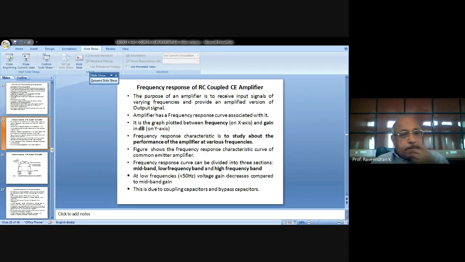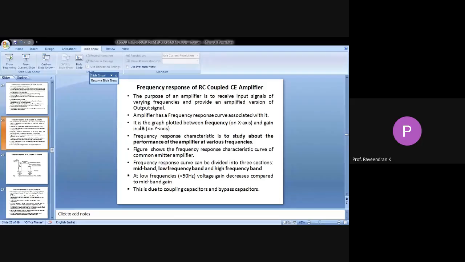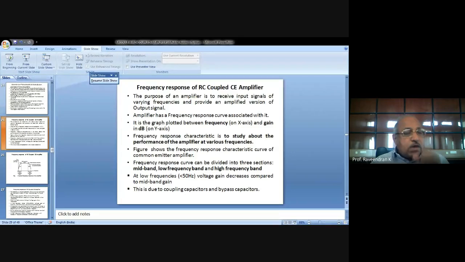Here, the microphone is a transducer, which converts sound signals to corresponding electrical signals. That is why it is called a transducer.